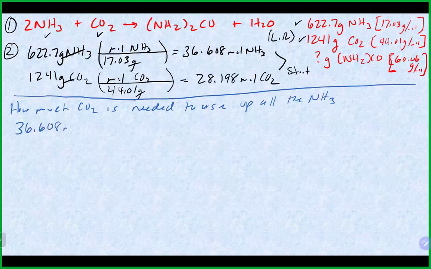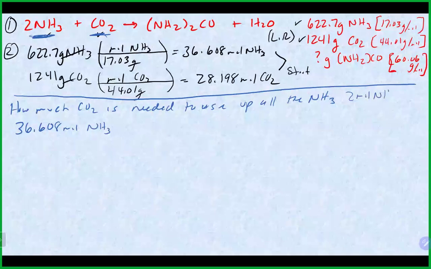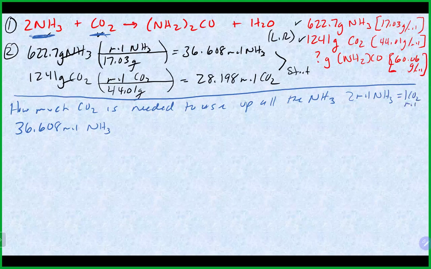36.608 moles of NH3. I'm going to go to the equation and find the relationship between NH3 and the other reactant. And from the equation, I can see for every 2 moles of NH3, I get 1 mole of CO2. And we're going to use that as a conversion factor.